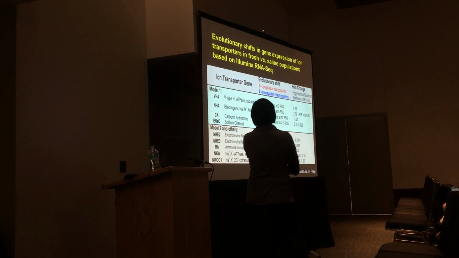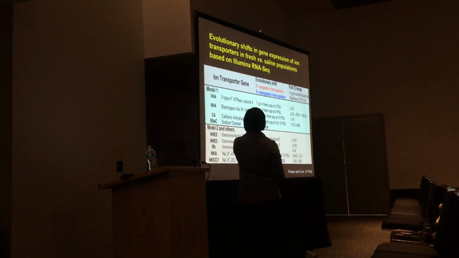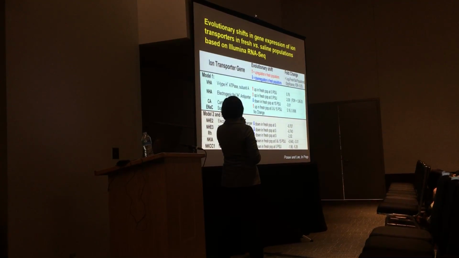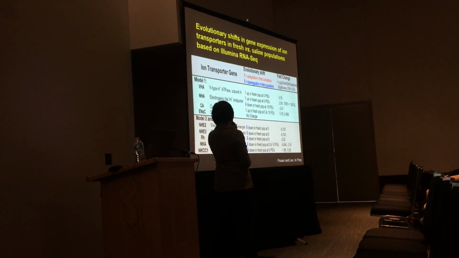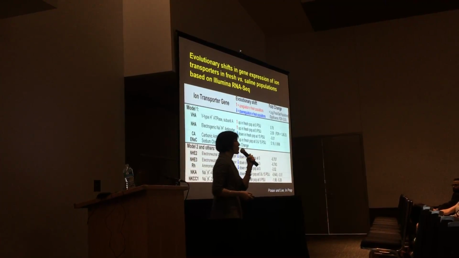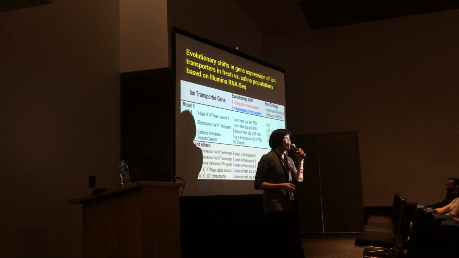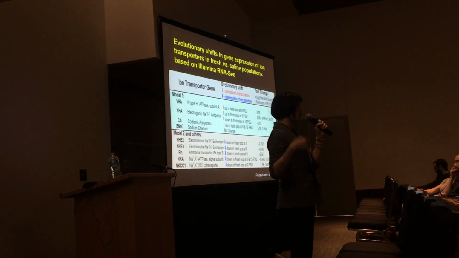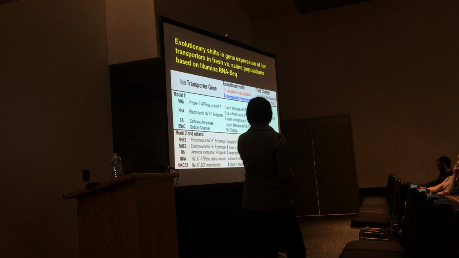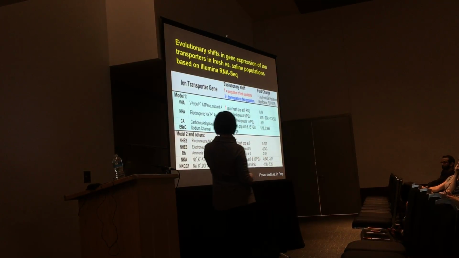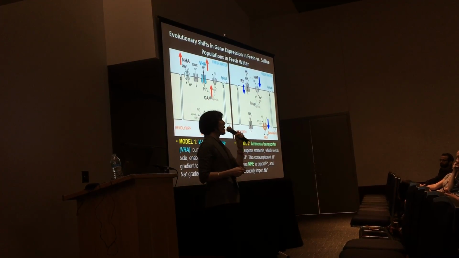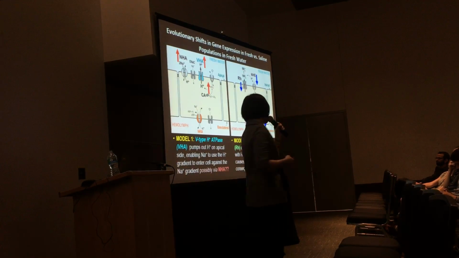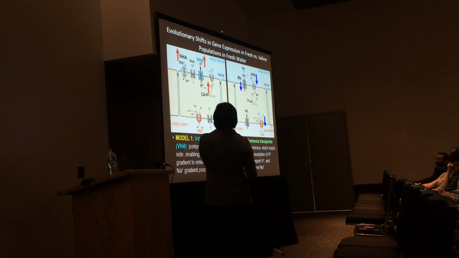If we focus just on the genes involved in Model 1, they showed an increase in expression in the freshwater population under freshwater conditions. And in sharp contrast, the genes involved in Model 2 actually showed a downregulation in the freshwater population under freshwater conditions.